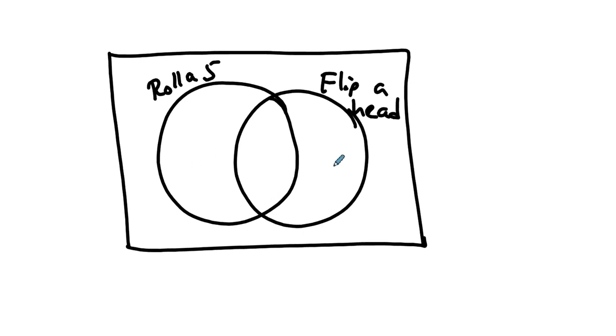They might not come together. There's a chance you don't get either at all, right? But with complementary events, there are no overlapping circles at all. This is rain, and this is not rain. They can't come together. There's no way that it can be this and also that.